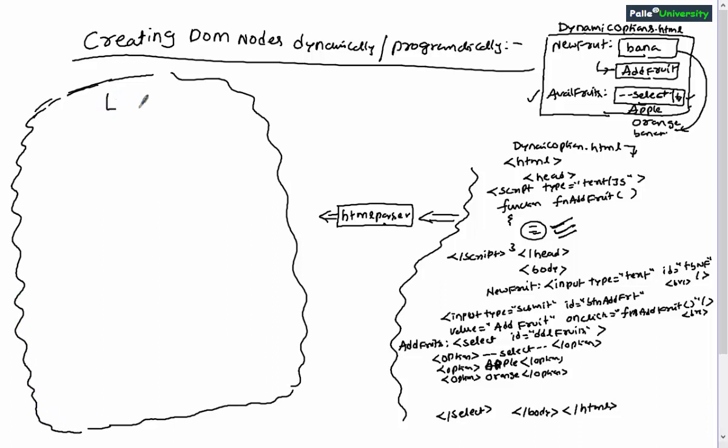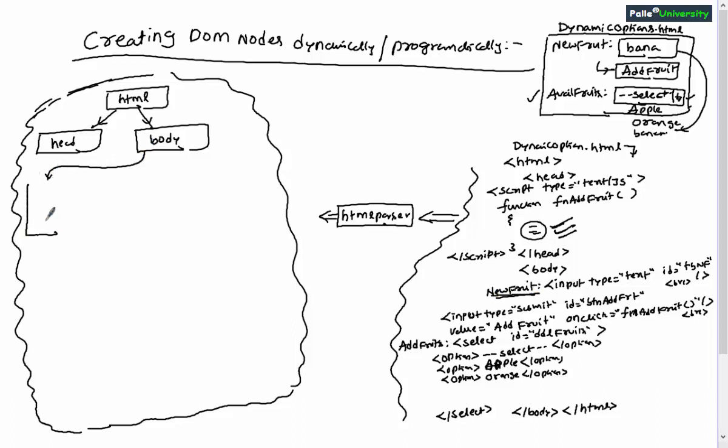So first, in the DOM tree, HTML will be created. Under that, head and body tags will be created, and in the body tag we are having the new fruit text box. Anyhow, I don't want to show this plain text as a node. The remaining elements I'll show. The first one I am showing is the text box.